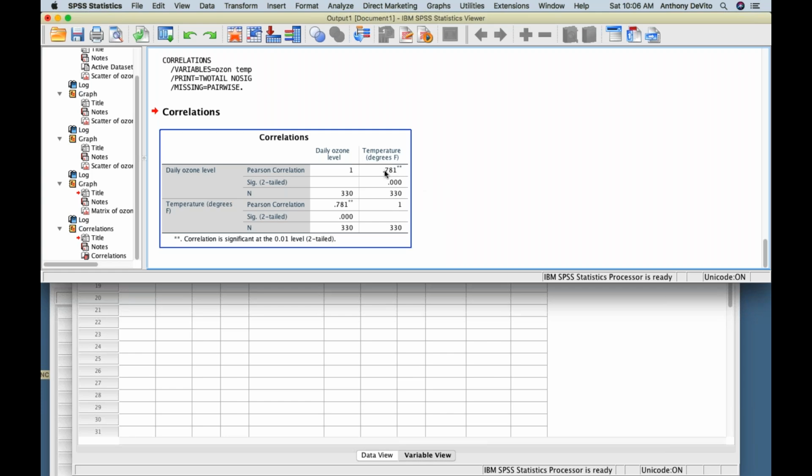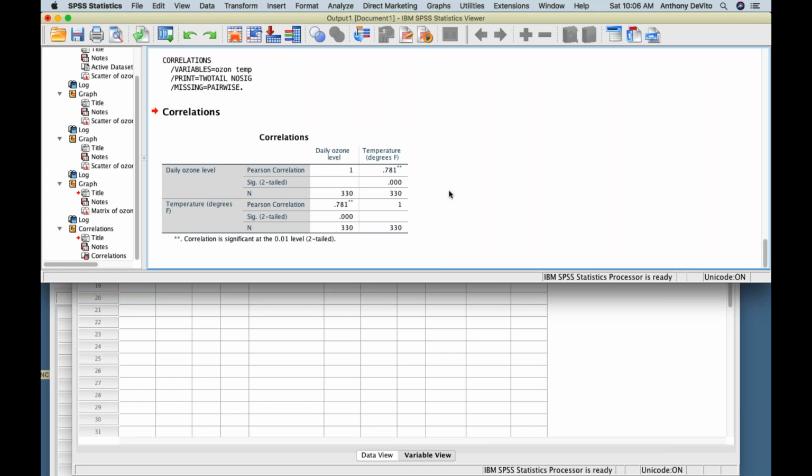So what we need to do is look at this number here and interpret it in terms of that range, -1 to 1, passing through 0. So it doesn't look like it's 0. It looks like it's quite a bit different than 0. The other thing is it's a positive number rather than a negative number. That indicates to us that as one variable goes up, the other variable goes up too.